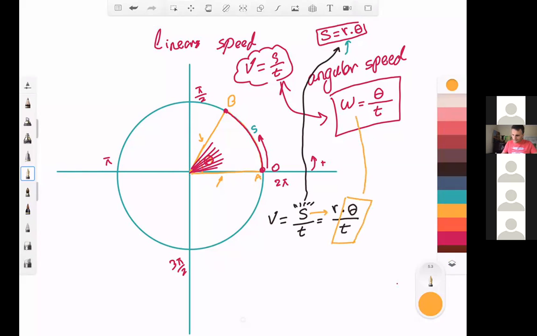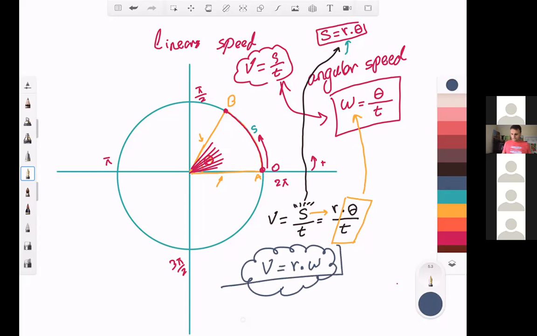This is exactly the same as angular speed, omega. So instead of theta over time, I will put omega. Then V equals R times omega. So now we have a new formula relating linear speed to angular speed. That's a new formula. Let's see if I can find an example for you guys.